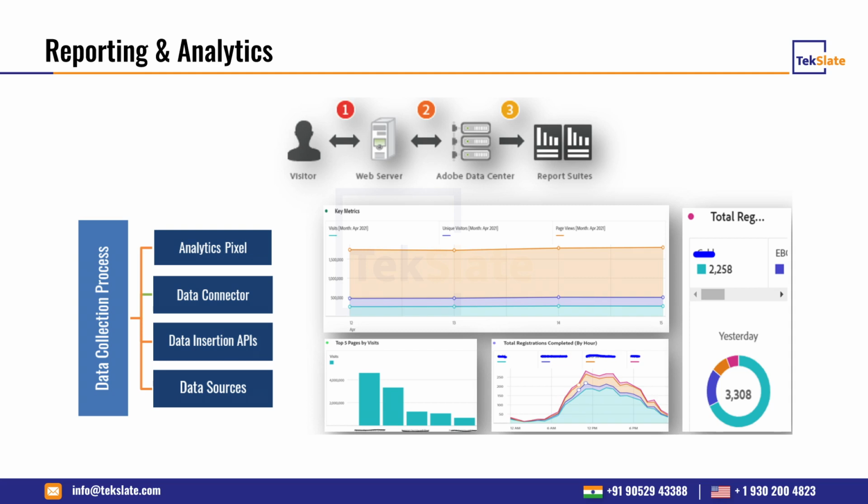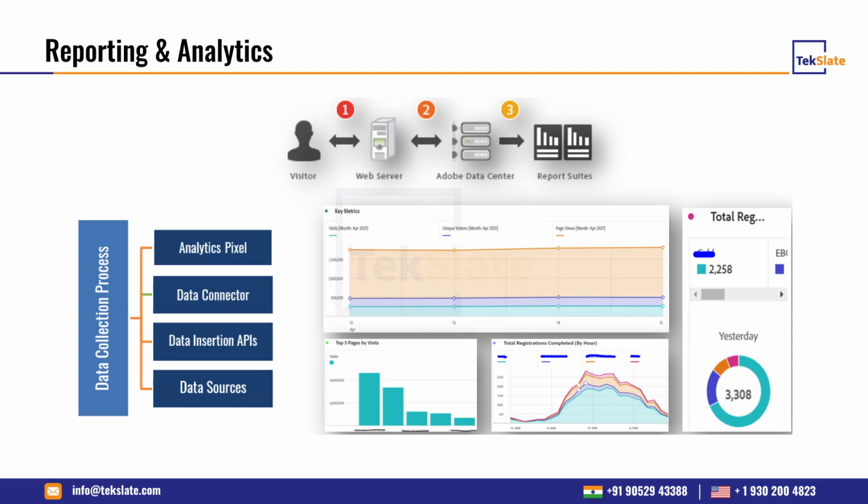This data collection code sends an image request, which we also call an image beacon, and that hits the Adobe data collection servers. The image request contains the data that we want to collect about the visitors and whatever the visitor does on the site, basically their interactions.